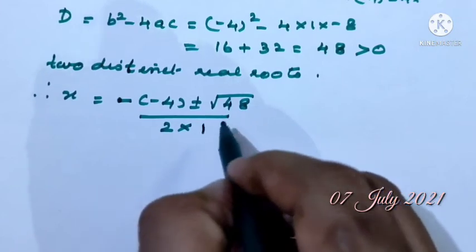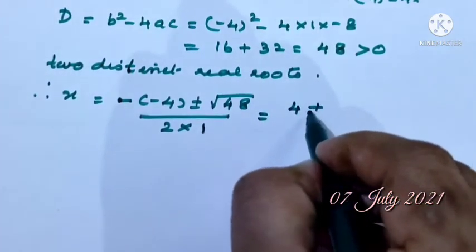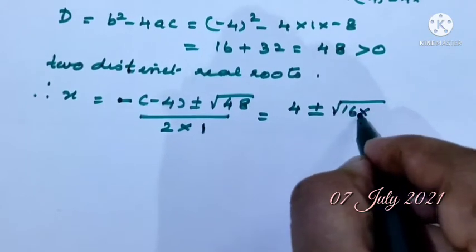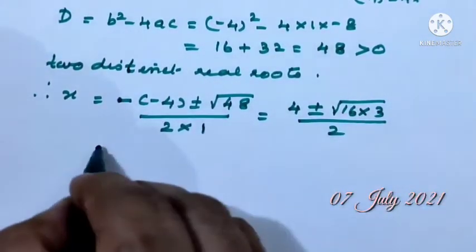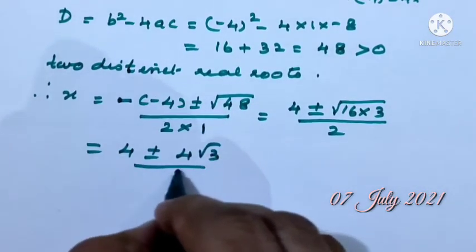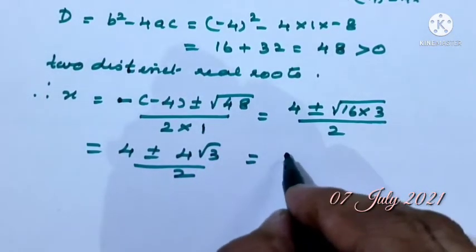We have substituted a, b, c only, that is 4 plus or minus root 48. So it can be written as 16 into 3, divided by 2. So 4 plus or minus 4 root 3 by 2. So 2 we can cancel.